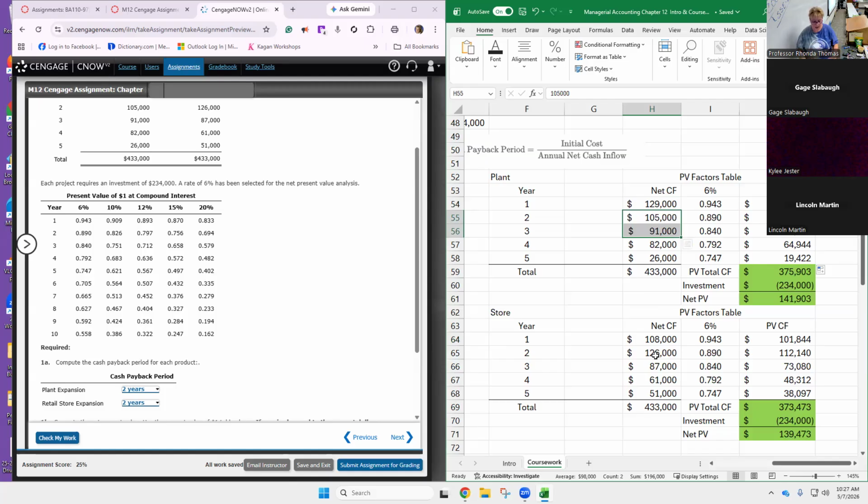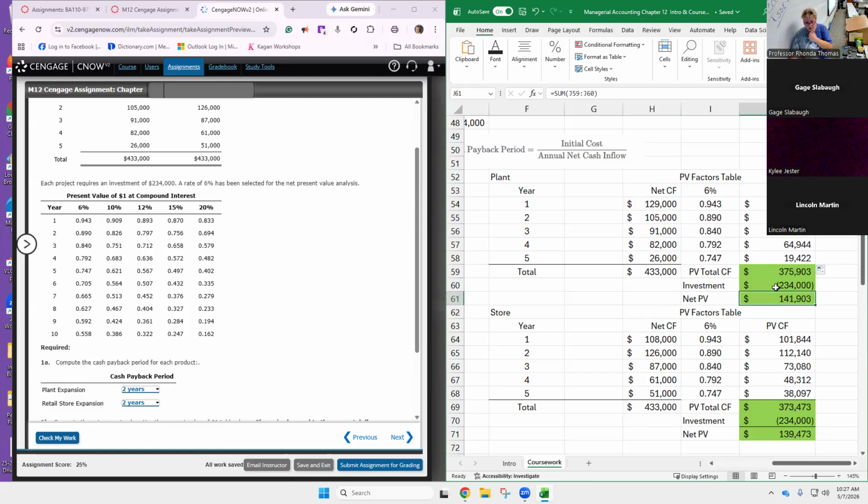So each of those years are different, even though they're bringing in the same total of cash flows. It's these present value factors times each of those cash flows that makes the difference.